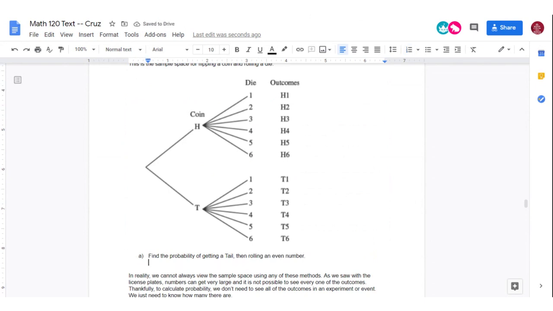You want to flip the coin, get a tail, and then roll an even number. Find the probability. I'll give you all a few minutes while I'm checking on the last roster here.